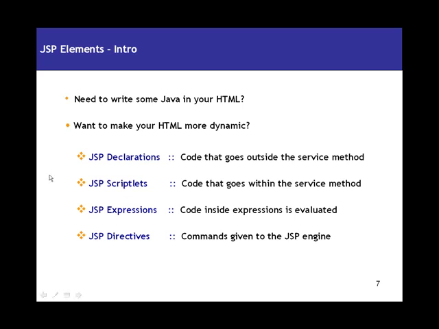So that's JSP scriptlets. Next, JSP expressions. Whatever you put in the JSP expression, the code is evaluated and you get the value as an output. Let's say that I have a variable called int I, and the value of I is 10.